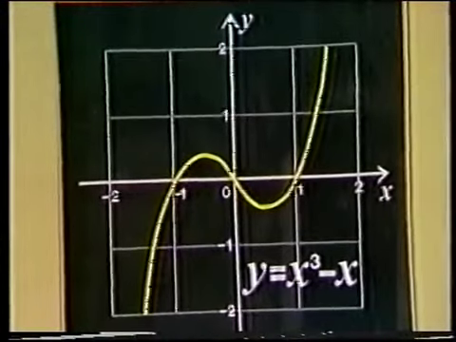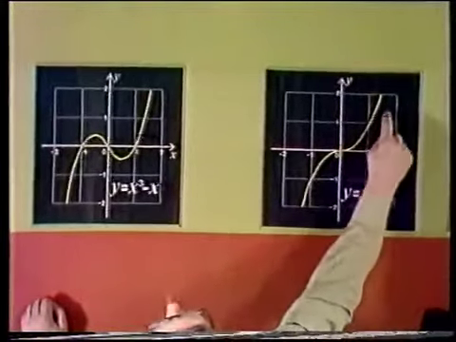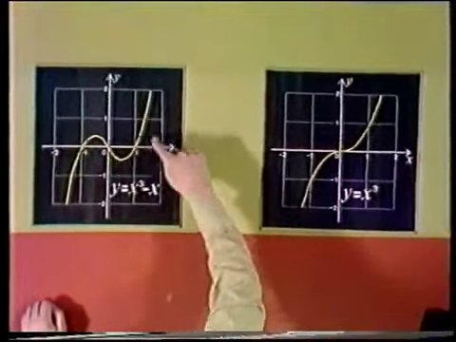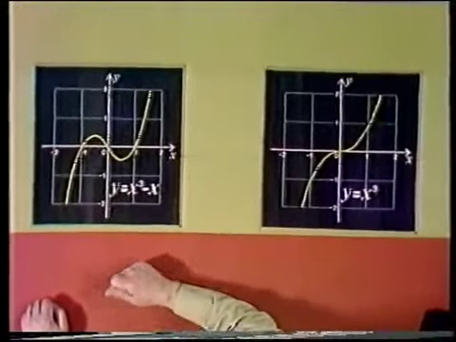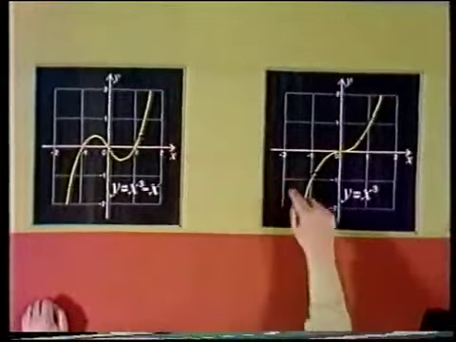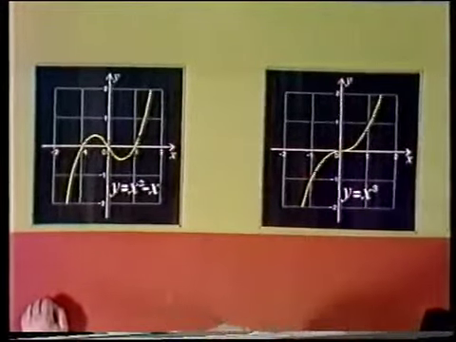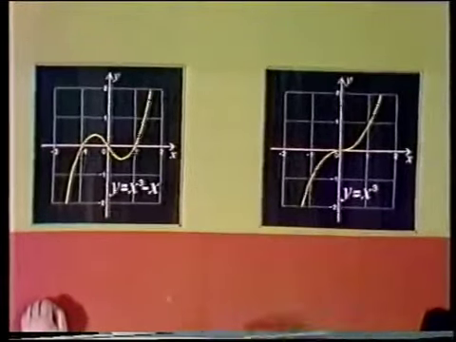Now, what we want to prove is that we can't scale and translate y equals x cubed in order to get this graph. Or conversely, we could prove it the other way around, that you can't scale and translate y equals x cubed minus x in order to get y equals x cubed. Now, what difference can you see between these two graphs?